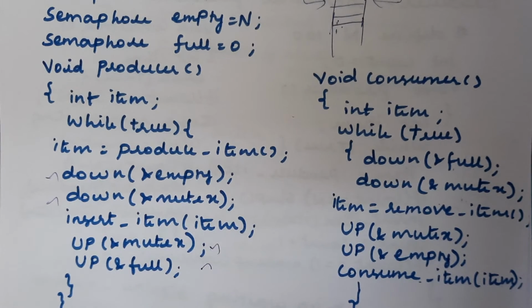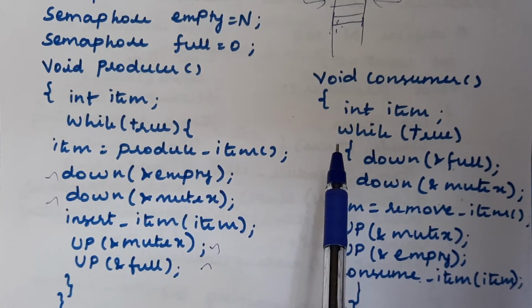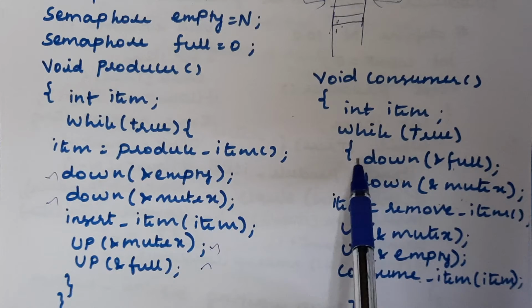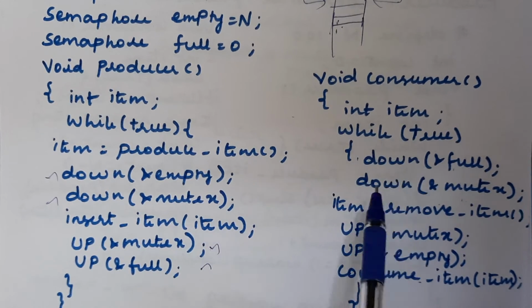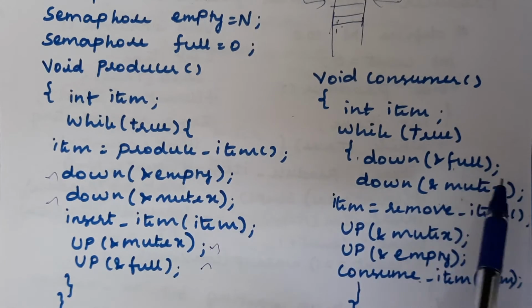If there is an item in the buffer, the consumer can remove it. But if full is 0, the consumer process must go to sleep.